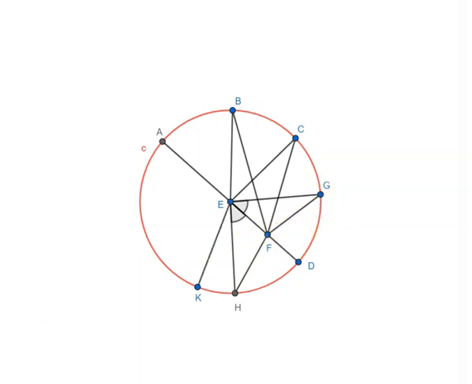Okay, so let's join these two points. Now here, if you notice, KF is equal to FG because this is assumed to be equidistant from F. But then HF is also equal to FG. That means KF is equal to HF.